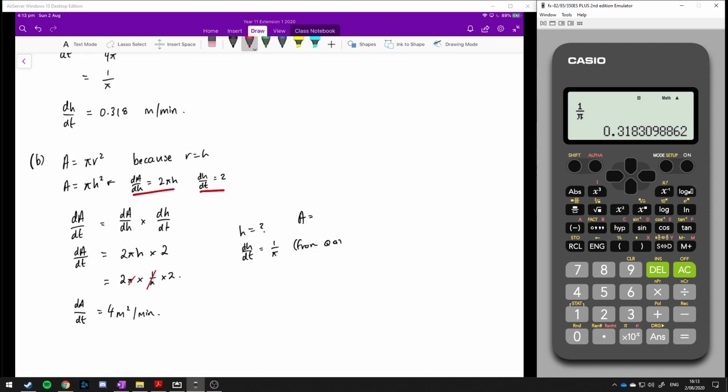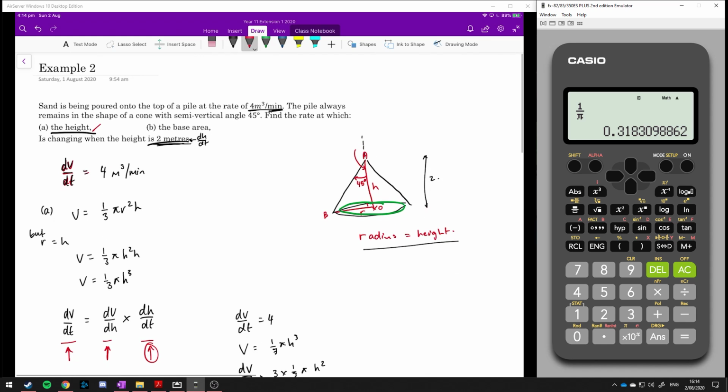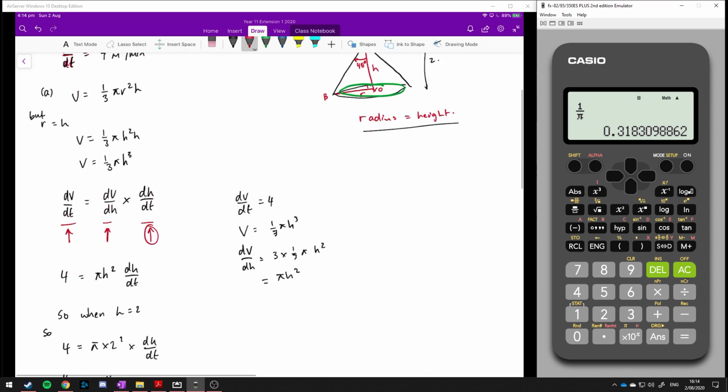So our h should technically be 2, and so it's just a matter of swapping these ones around. So it should be times 1 on pi, and then that cancels out with that. That makes it a bit clearer. Yeah, so height is when it's at 2, because we know the height is at 2 meters from up here. That makes more sense. Okay, cool.